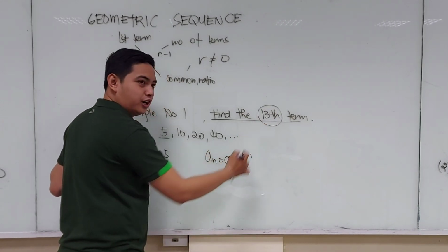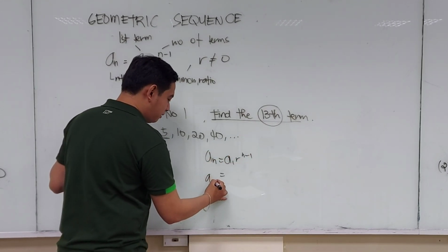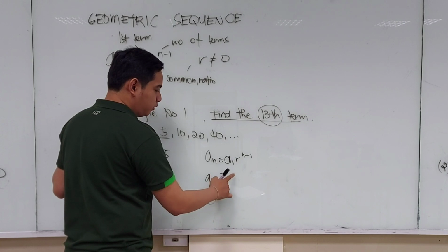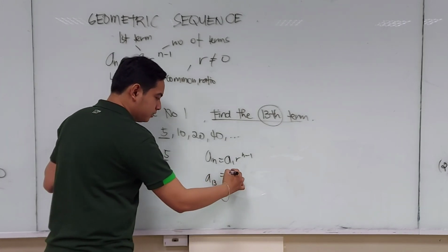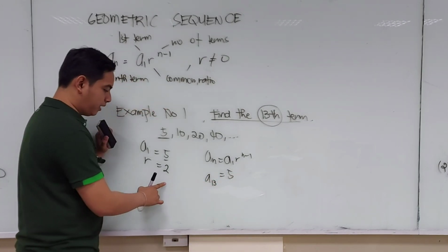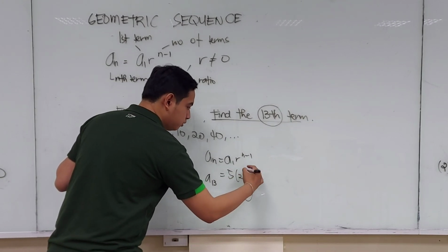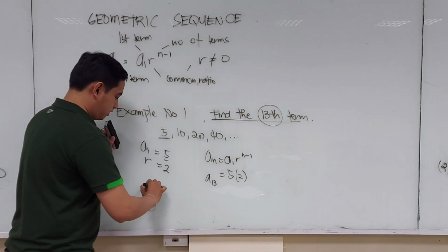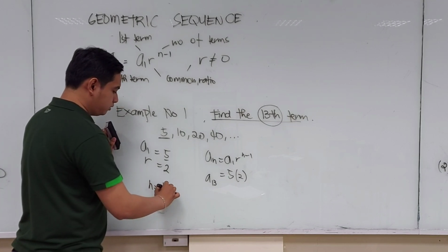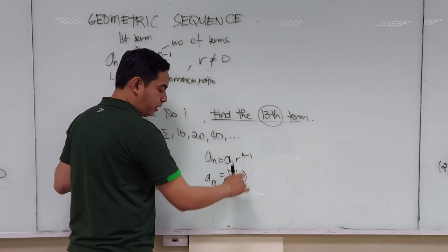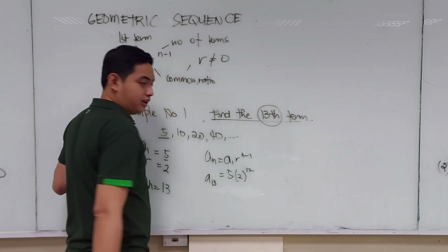So we are looking for the 13th term. So a sub 13 is equal to a sub 1, which is 5, multiplied by common ratio 2 raised to n. What is our n? Number of terms, we have 13. So 13 minus 1 is 12.